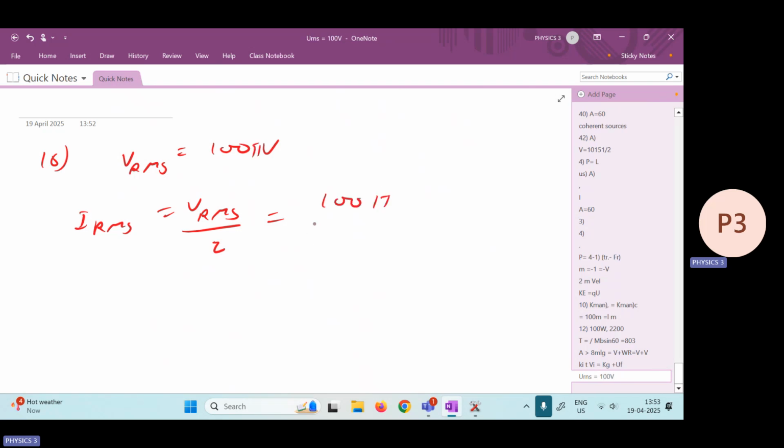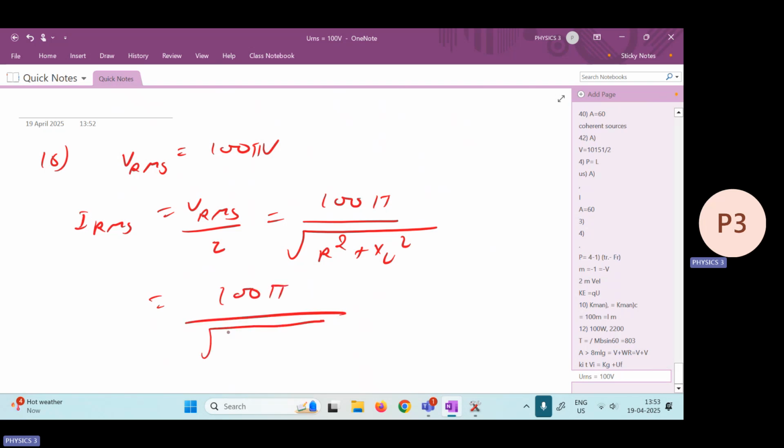It was 100 pi, upon Z, which we can write as root of R square plus XL square. So that will be 100 pi upon root of R, which is 100 pi, square plus XL, which we can write as omega L. Now omega we can write as 2 pi f. So that will be like 2 pi, f we have is 50 and L we have is 1, all square.